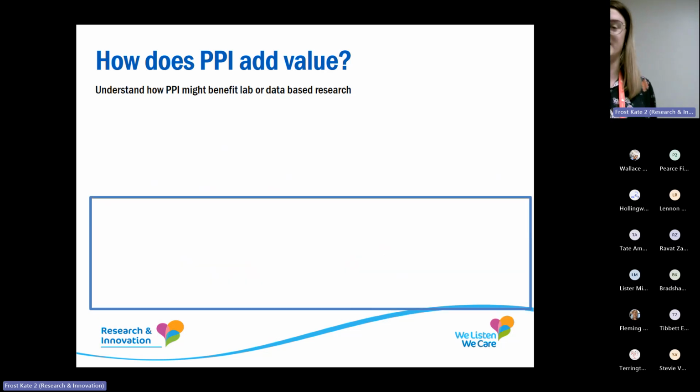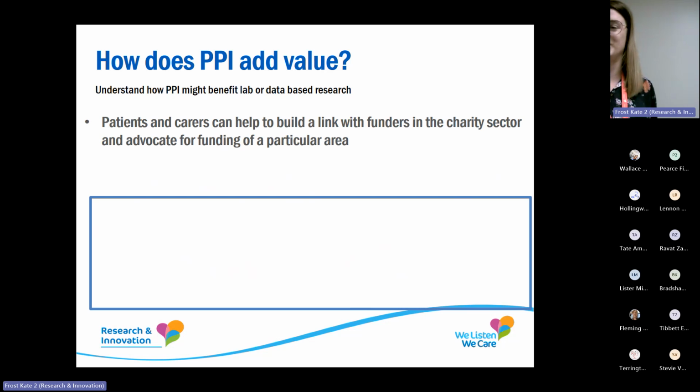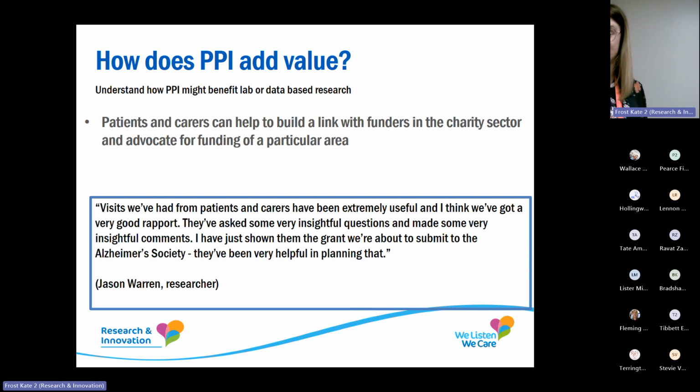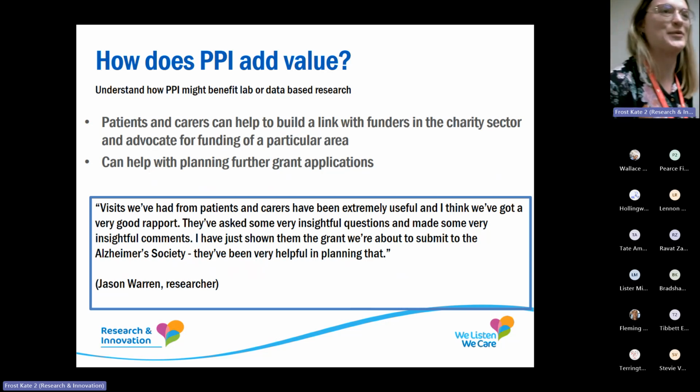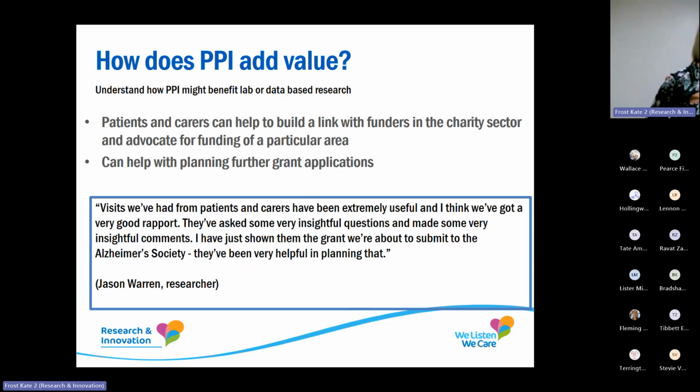And then the final slide around how PPI adds value. It helps patients, carers and the public build links with funders in the charity sector and advocate for a particular area of funding. The earlier you do it, the more you're building those relationships and getting the patient voice behind the importance of your project.